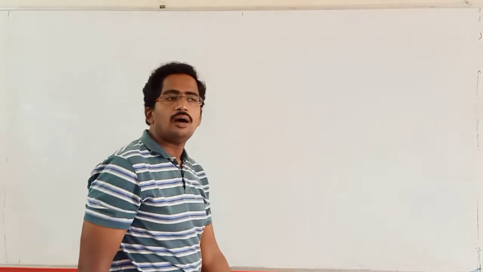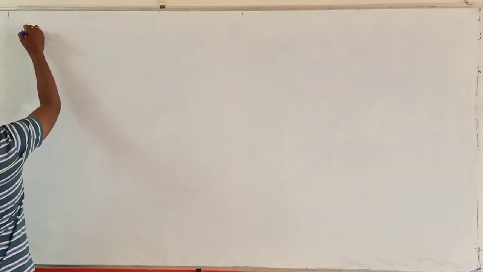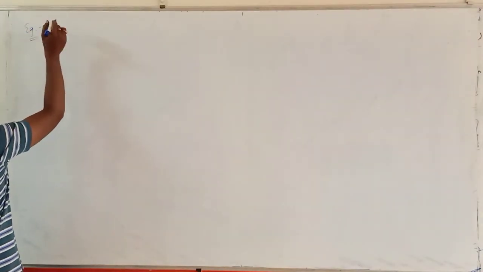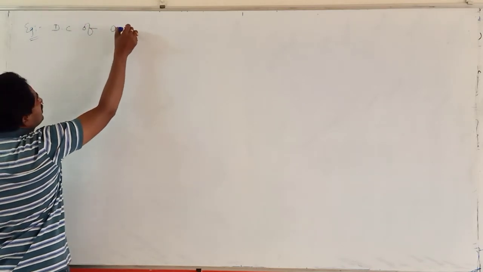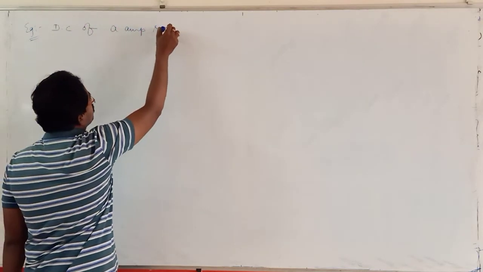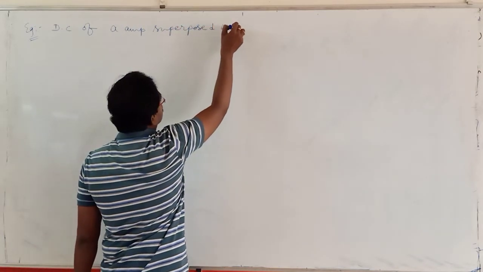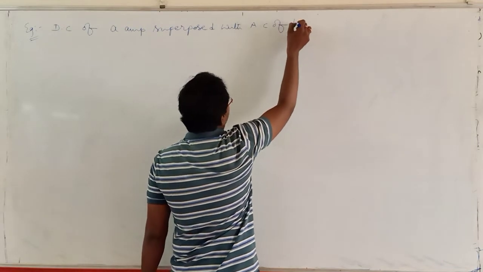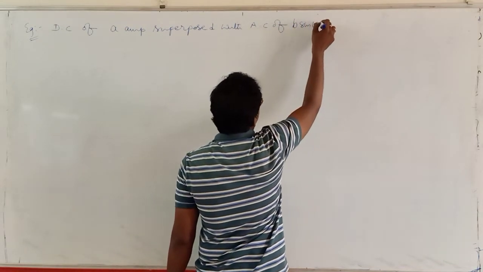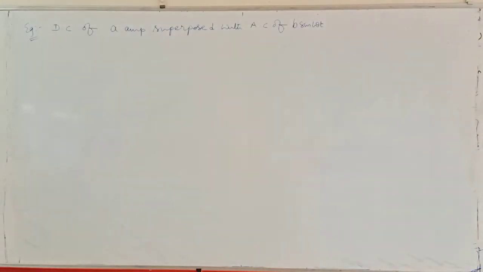Let's take one example problem here. A DC of A amperes is superposed with an AC of B sin omega t.